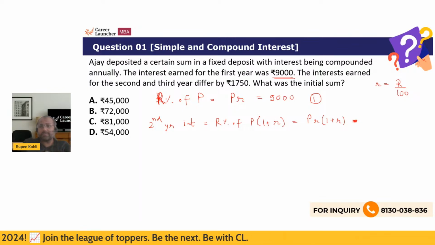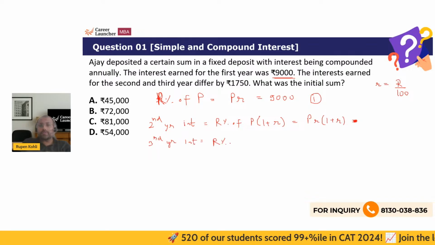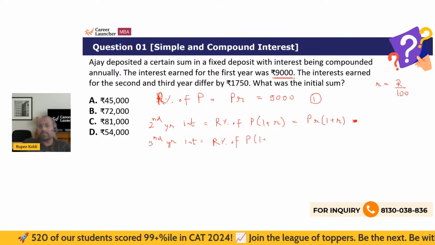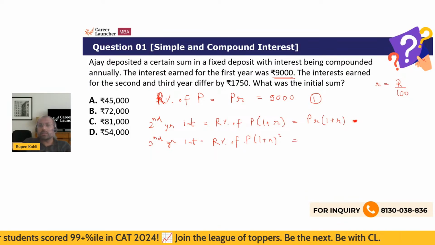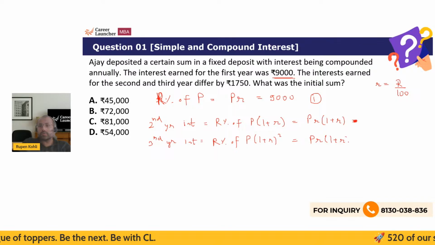What will be the third year interest in a similar manner? R percent of the second year's amount, P into 1 plus r whole square, so it becomes P r into 1 plus r whole square.